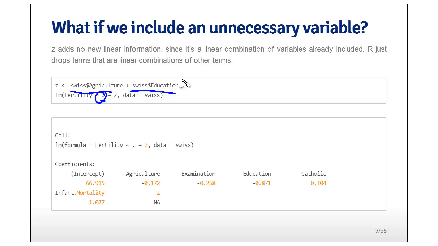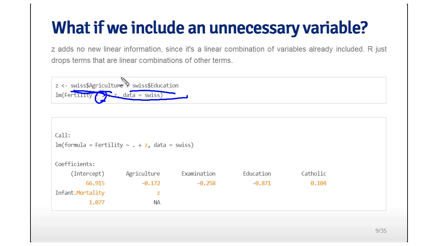So what does R do when we put in something completely meaningless in this linear sense? This discussion only holds for things where it's linear, right? If I include agriculture squared, of course I know agriculture squared if I know agriculture, but that's not a linear function of the variable.